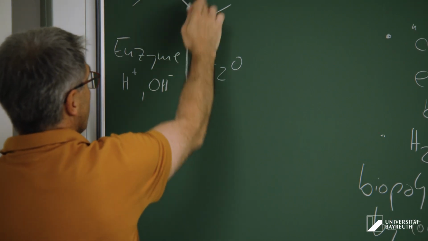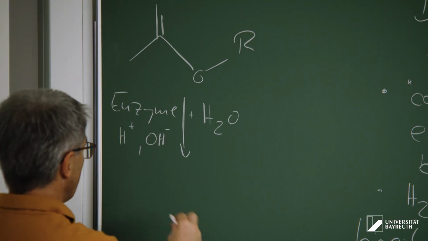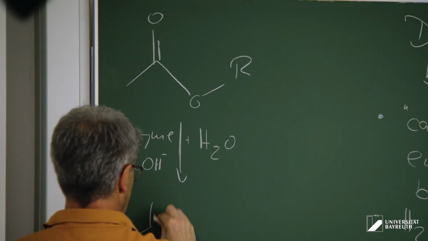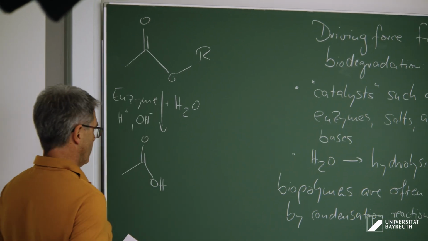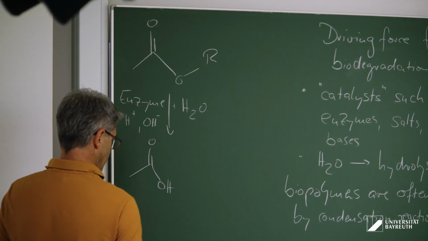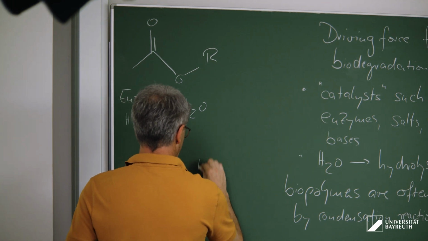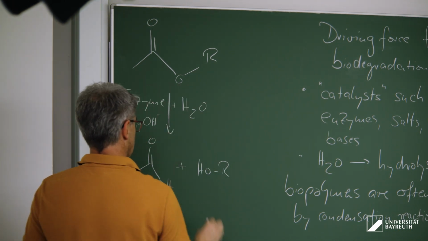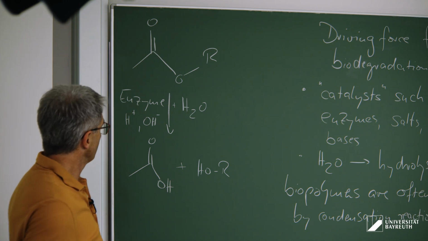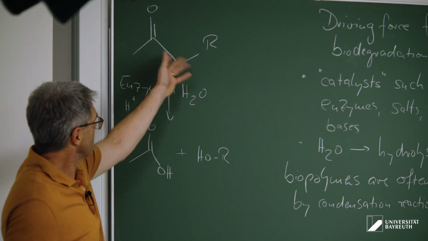What you then make out of this compound is actually a carboxyl group, so you make an acid out of that, and you generate an alcohol. So this is what we call hydrolysis.